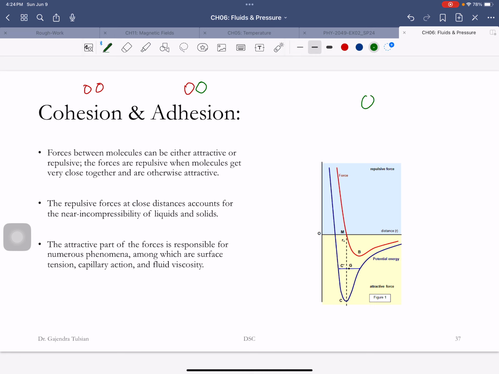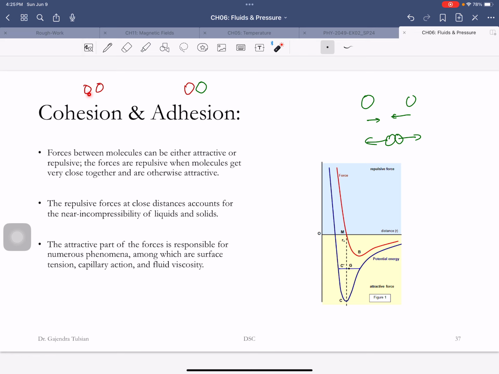But if you bring the water molecules too close, they want to repel each other. So they don't want to be closer than a certain distance. If these molecules are closer than this distance, then the force becomes repulsive. But we are going to mostly talk about the attractive region.